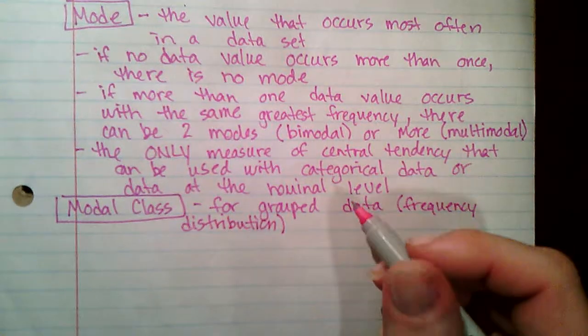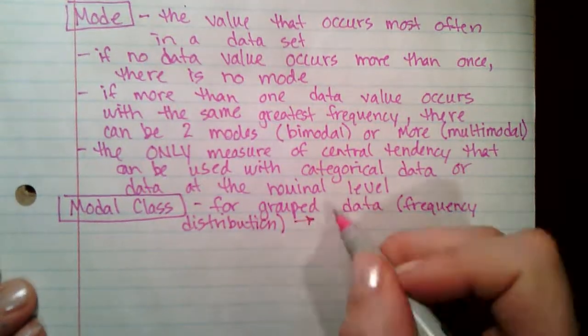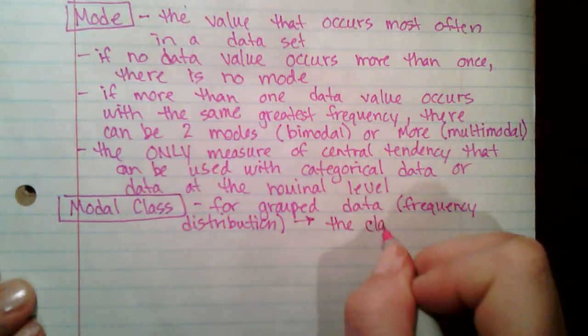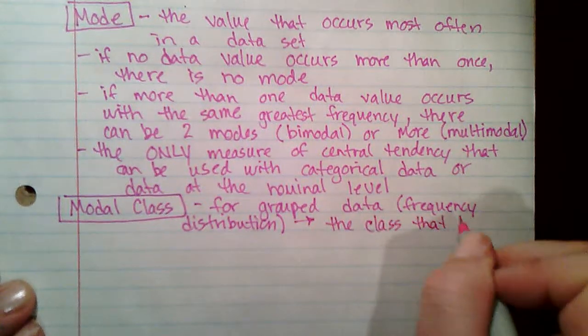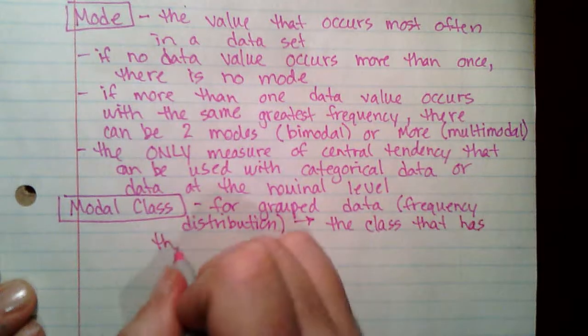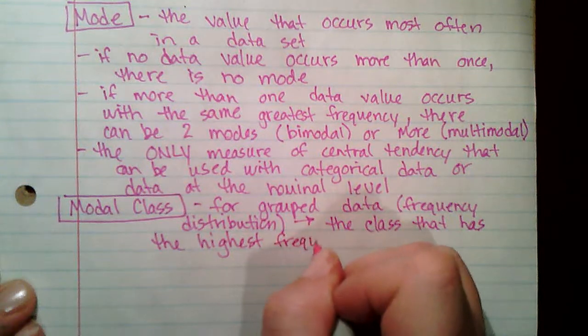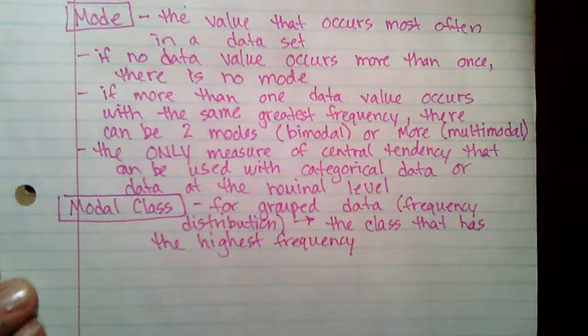So for grouped data, you can have a modal class, and that modal class is the class that has the highest frequency. I guess we have done grouped frequency distributions.